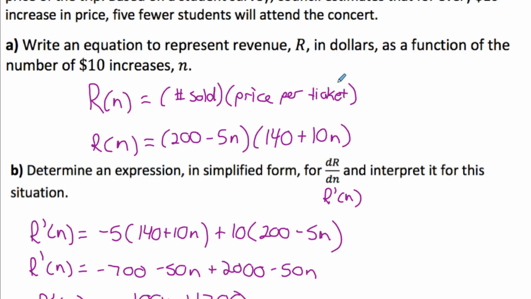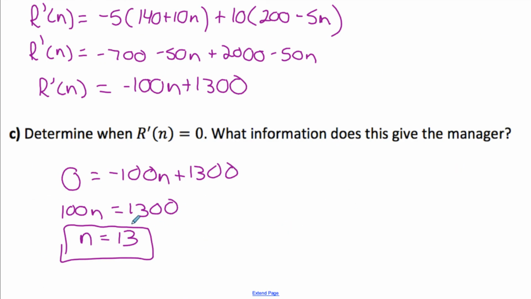So we figured out 13 price increases is going to be the number of price increases that gives us the maximum revenue. So let's write that down. Therefore, 13 price increases will give a max revenue.